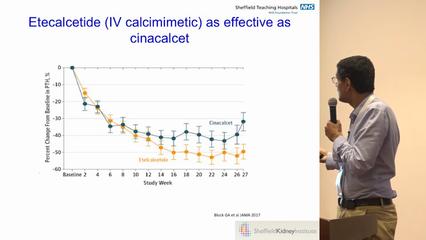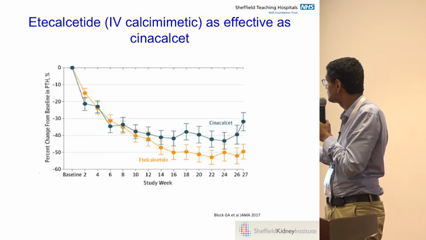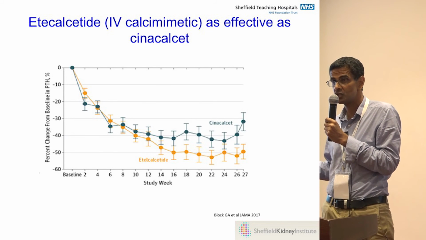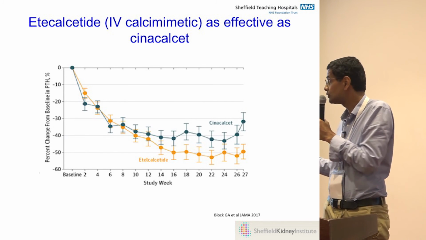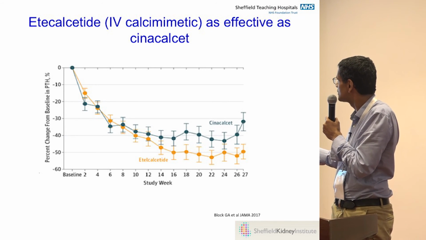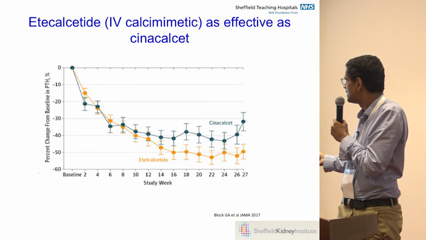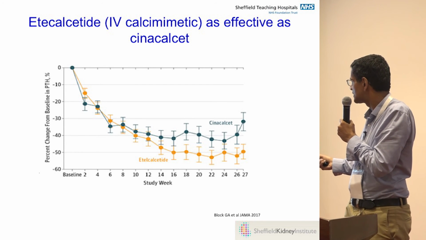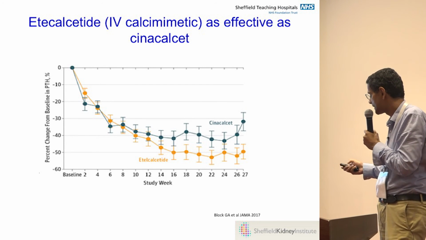And cynically, I think that as the patent for cinacalcet is running out, cinacalcet should become much cheaper soon. Amgen have introduced a new calcimimetic, which is extremely expensive, etelcalcetide, but that works and suppresses PTH in a very similar way.